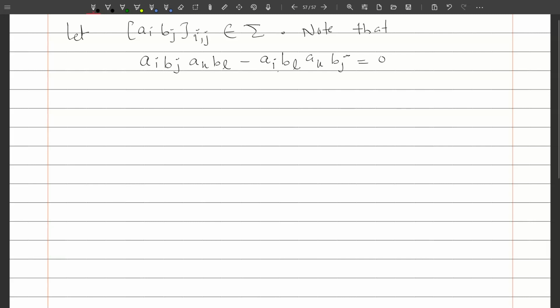This is equal to 0. So this implies this vector. So this is true for all i and k varying from 0 to n, and j and l varying from 0 to m. So this implies this vector aibj, where i and j go over the ranges.